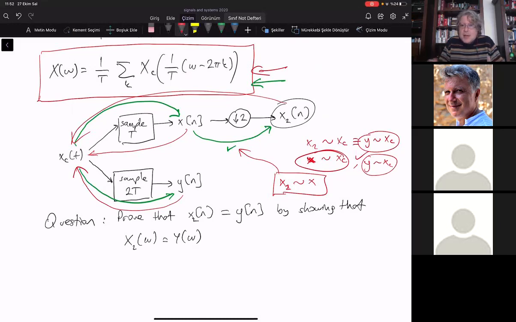First, I will just tell you what it is. Then it will be your take-home exam or homework questions, in 2 dimensions, to extend this and find the formula for downsampling. What happens to the Fourier transform when you downsample a discrete time signal?